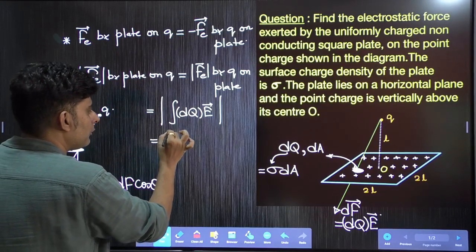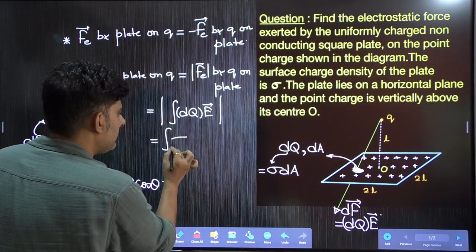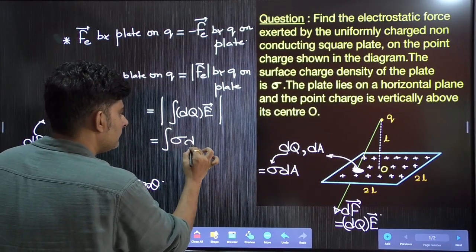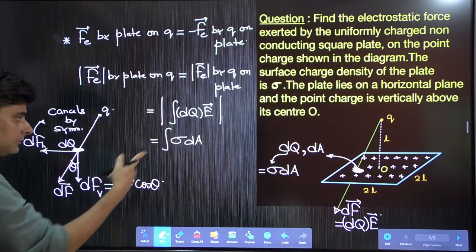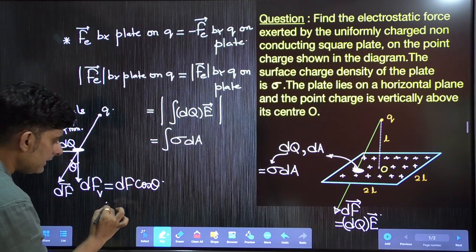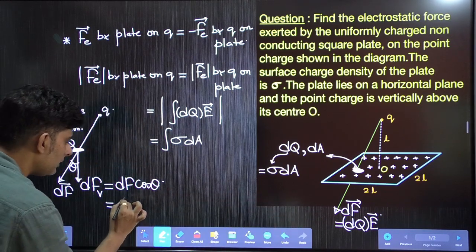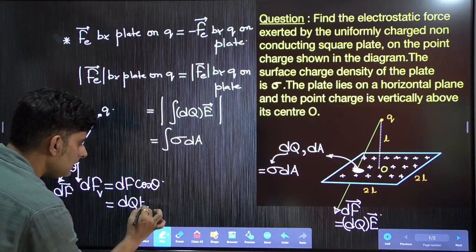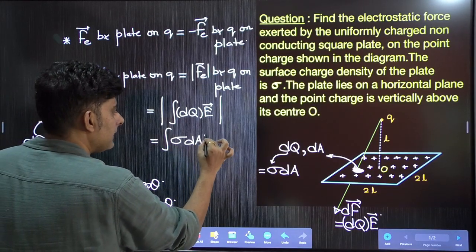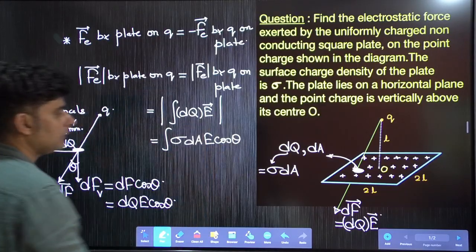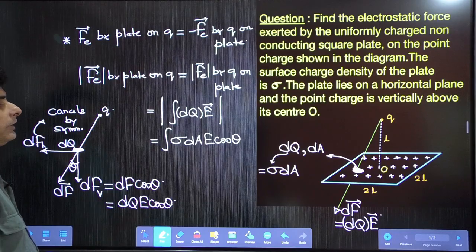First of all, dq can be written as sigma dA. dFV is dF cos theta, and dF was dq E, so this becomes dq E cos theta. So sigma dA E cos theta integrated will give you the force.